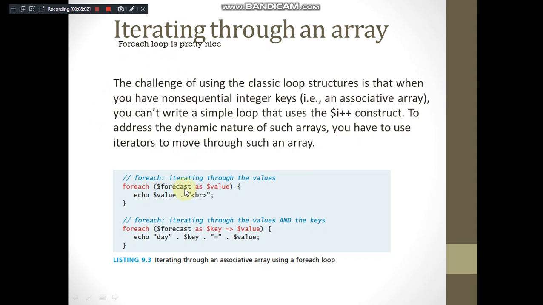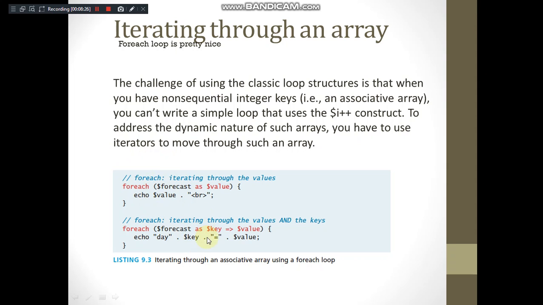So foreach is taken, $forecast is the array name, and $value is the variable which is holding the element of the array at the current location in each iteration. So it iterates through the entire array.